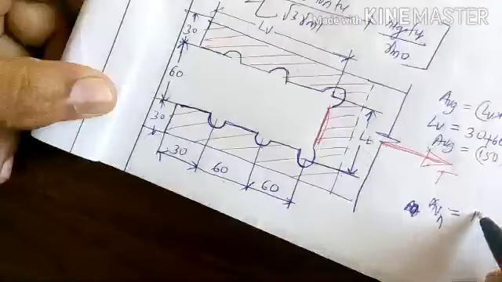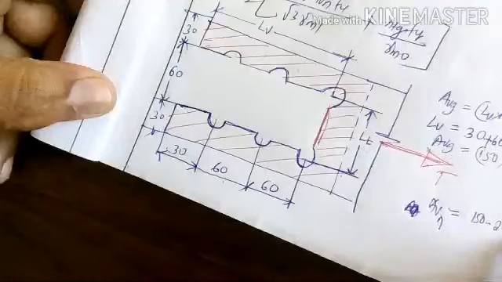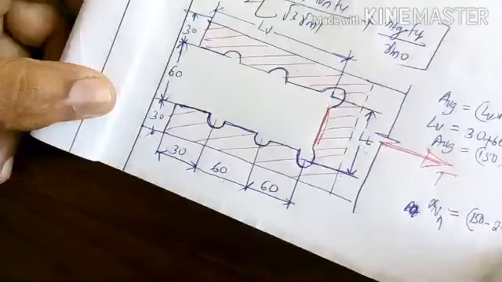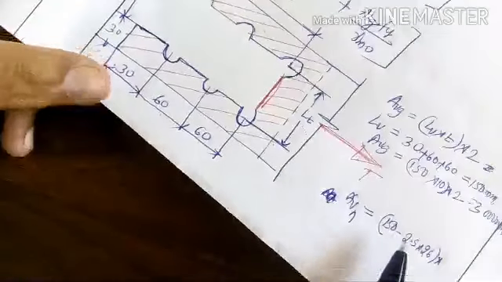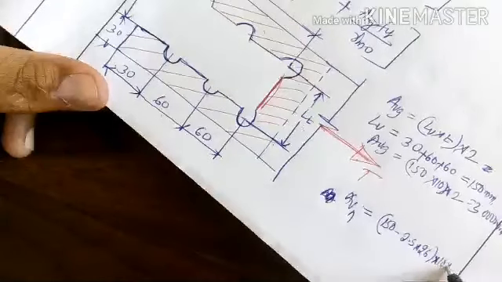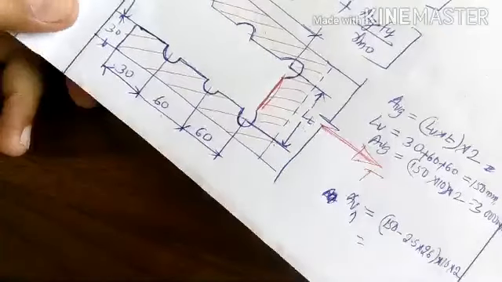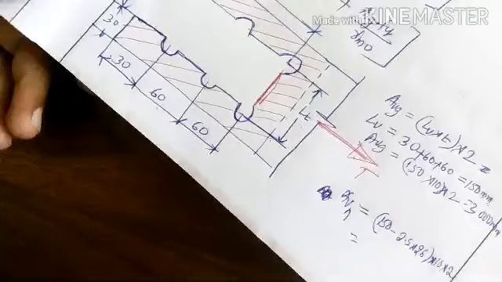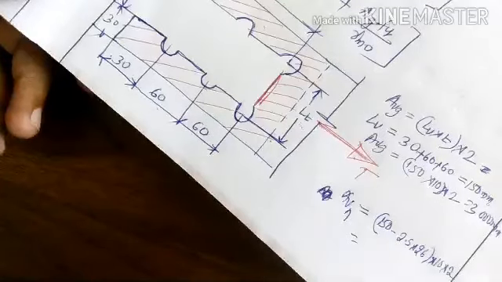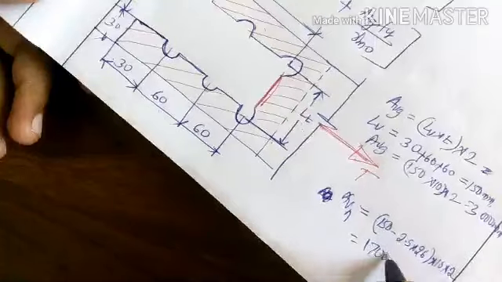So that is 150 minus 2.5 into 26, into thickness, into 2 sides. 150 minus 2.5 into 26 is 65, so 85 into 10 into 2, and you'll get 1700 mm square.